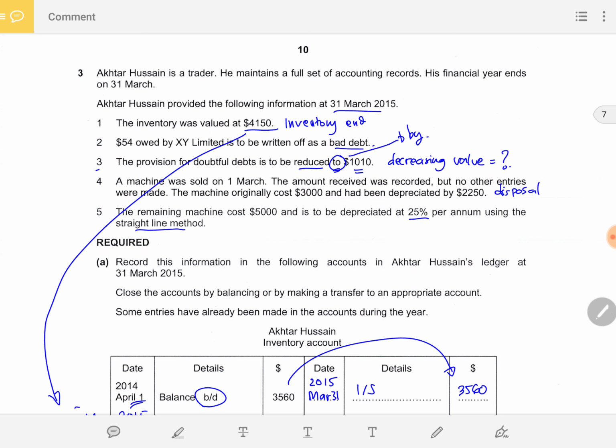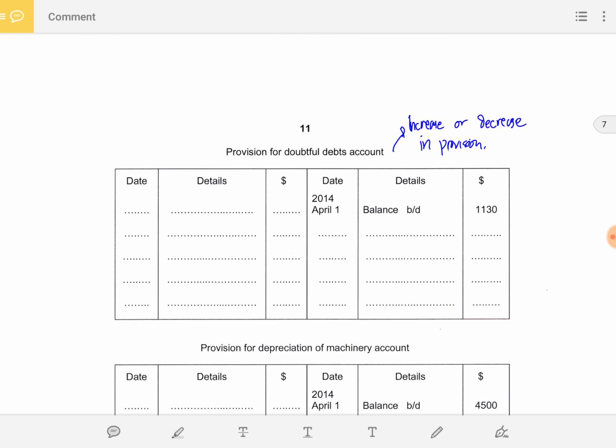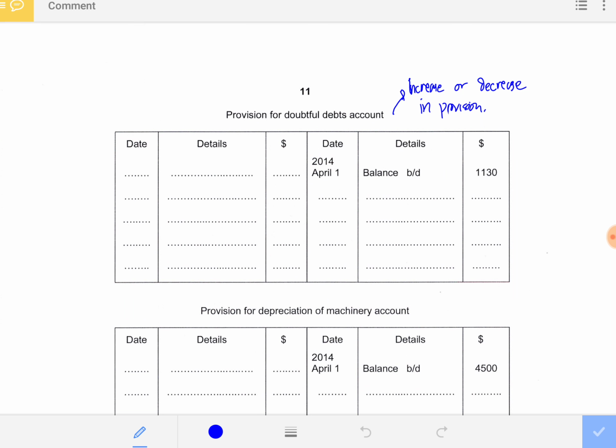The end balance is 1,010. It is to be reduced. Now we calculate: if you have a beginning balance of 110 and then the ending balance is 1,010, so it is decreased by how much?